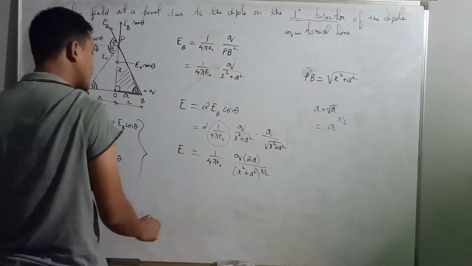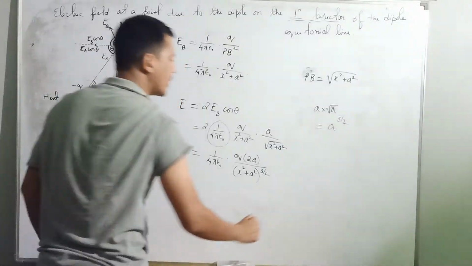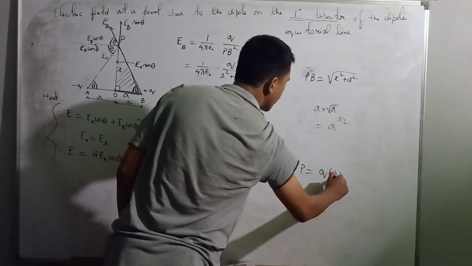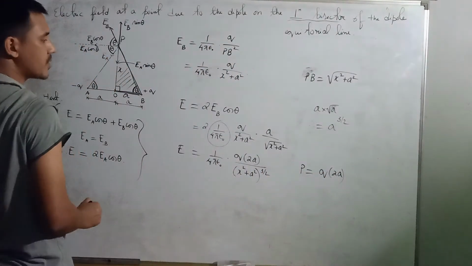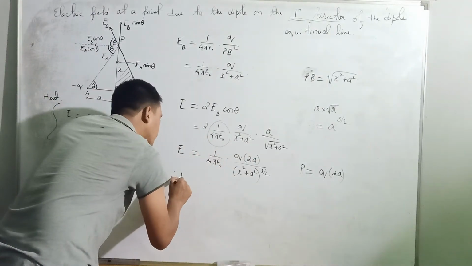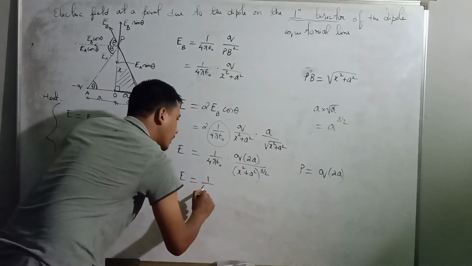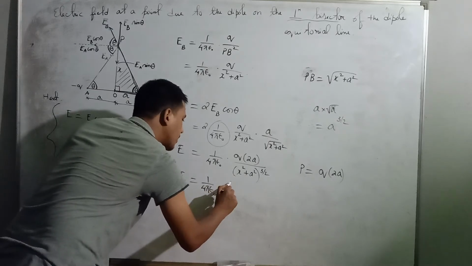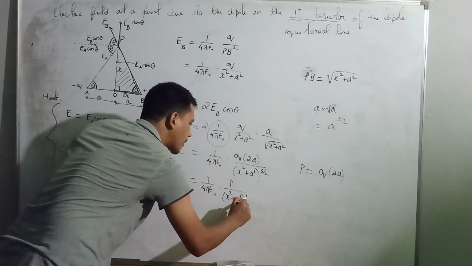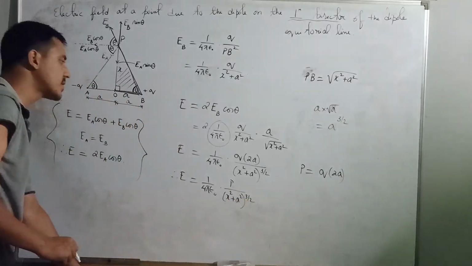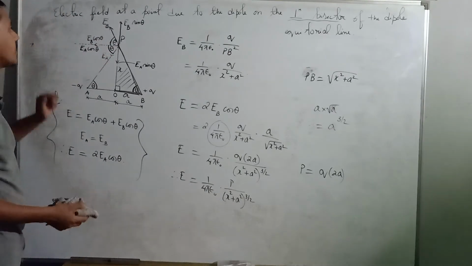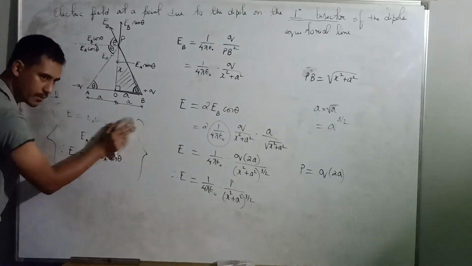Now we know that electric dipole moment means the product of either charge and the distance between the two charges. So q times 2a gives you the dipole moment p. Therefore E will become 1 by 4 pi epsilon naught into p upon x square plus a square to the power 3 by 2. So this is the resultant expression for the electric field at a point on the equatorial line of the electric dipole.